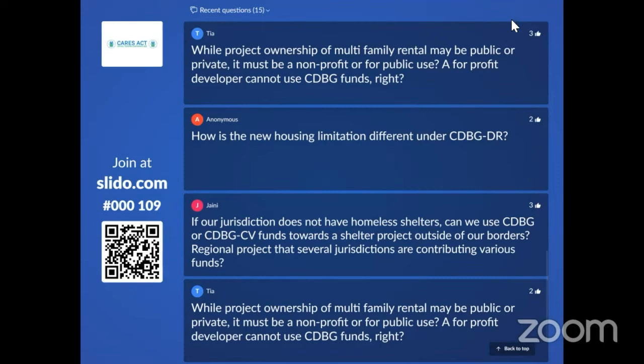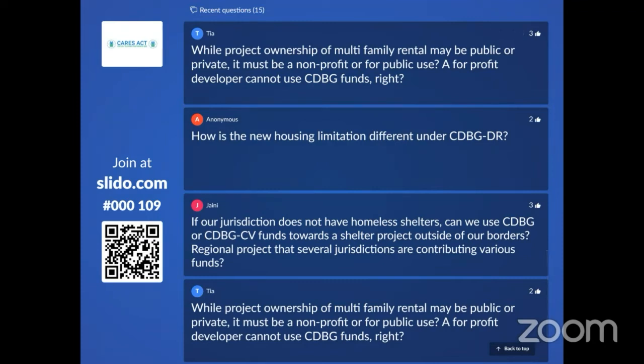But with regard to for-profits using CDBG funds, there's a provision in 570.202(b)(1) that allows a developer to acquire housing property with the intent to rehabilitate it and then provide it either as rental or ownership for a low and moderate income household.